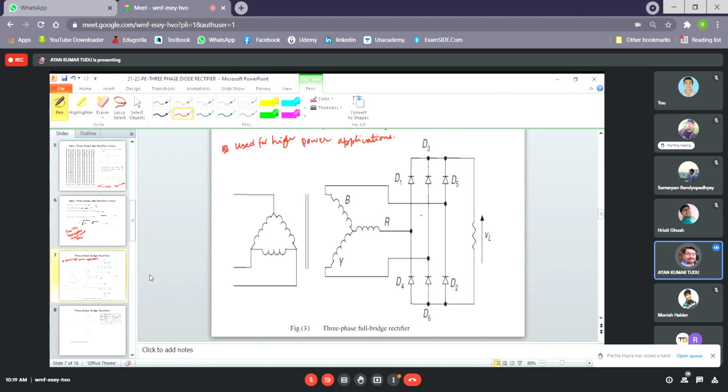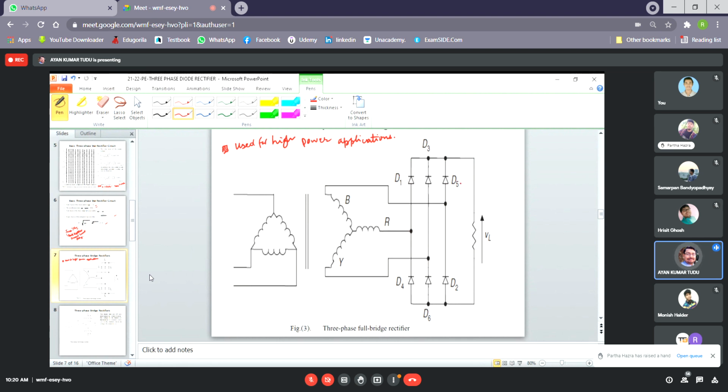Now as you can see, if we apply Kirchhoff's voltage law around any path, it will show us that only one diode in the top half of the bridge may conduct at one time, that is either D1, D3, or D5. Either one of them would be operating at one time.